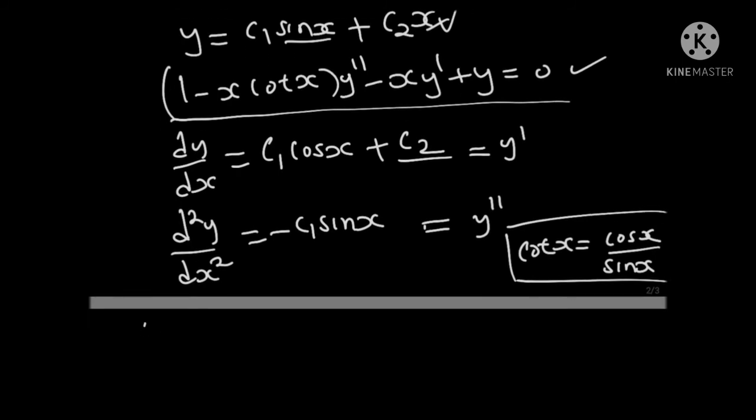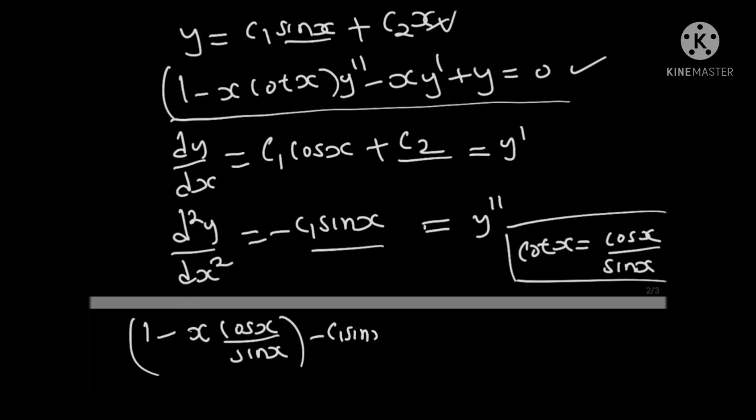Now, we have 1 minus x cot x, where cot x is the same as cos x over sine x. Y double prime is given by minus c1 sine x, minus x, y prime is given by c1 cos x plus c2, plus y.